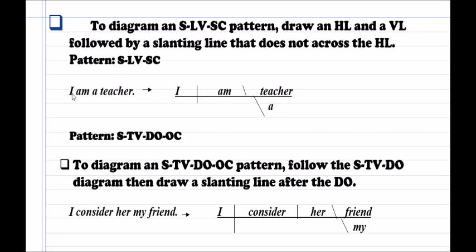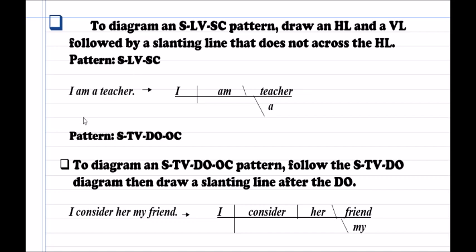Now, the subject will be put on the left side, and am a teacher is put on the right side, and you have to place, of course, the vertical line. Now, where is the verb? The linking verb is the word am, so it will be placed here. Now, what is the subject complement?